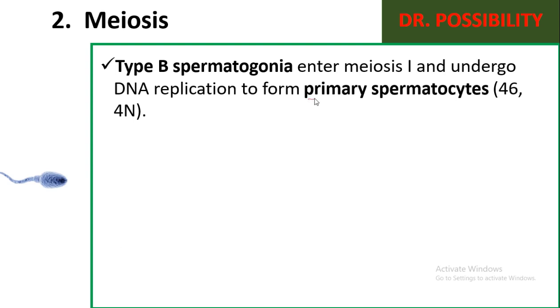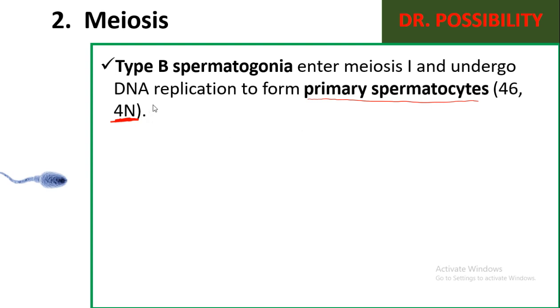The primary spermatocytes. So the primary spermatocytes contain what we are calling 4N. They are the only stem cells of sperms which have a 4N.